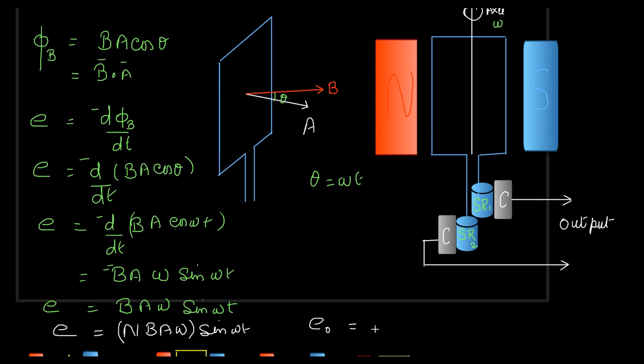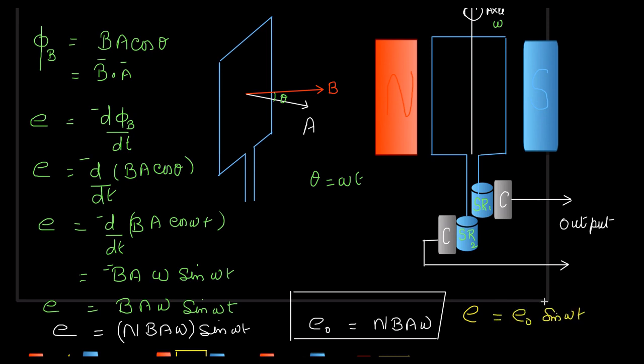So the maximum value of EMF generated is equal to n B A omega. So the equation can be written as E equal to E0 sin omega t.